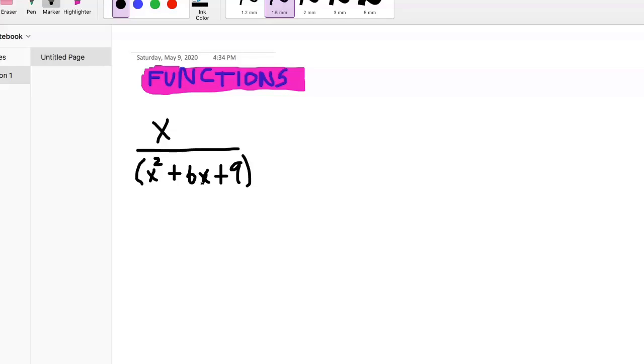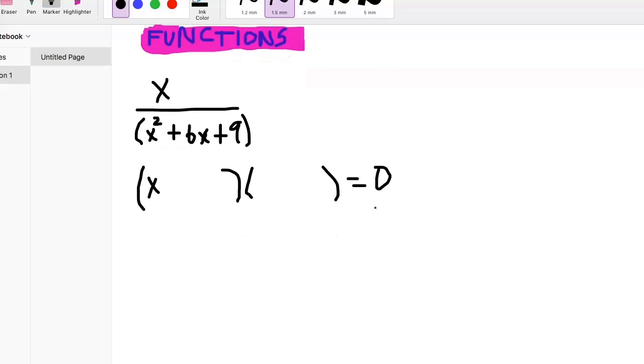Okay, so this takes us back to how we solve quadratic equations. When you're trying to solve a quadratic equation, you'd put in two parentheses like this and set it equal to 0. The rules here are that we're going to have two numbers, x plus something times x plus something, and the two numbers need to multiply to 9 and add up to 6.